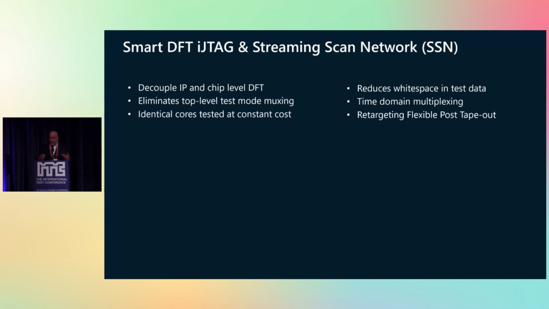At that time, we looked outside at what was available in the industry. There were hardly any solutions available. One option was to build something, and the other option was to look at an emerging solution from Siemens, which is SSN. And we took that risk. We started our designs with SSN when it was in its very early stage.